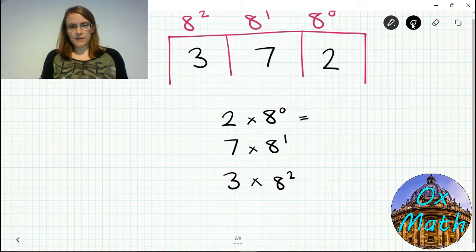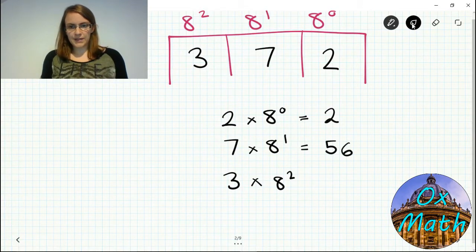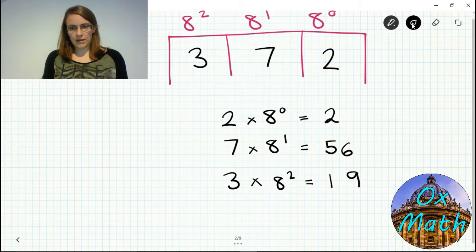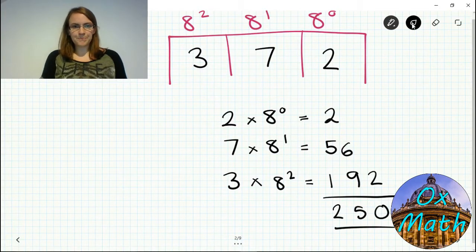So 2 lots of 8 to the power 0, 2 lots of 1 is 2, 7 lots of 8 is 56, and 3 lots of 8 squared, which is 3 lots of 64, is 192. So in total, if we add up everything, we've got 250.